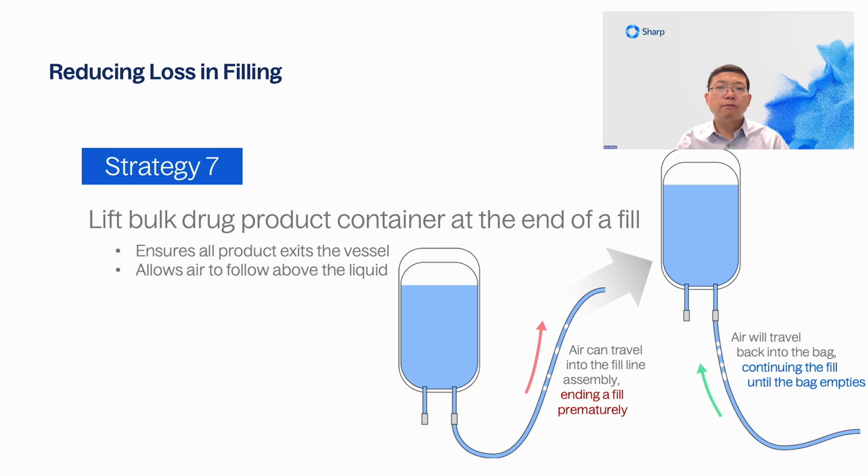This prolongs a fill and allows the manufacturing team to completely empty a bio bag during filling. That is nearly everything that can be done in filling. So let's talk about other ways to mitigate the loss.